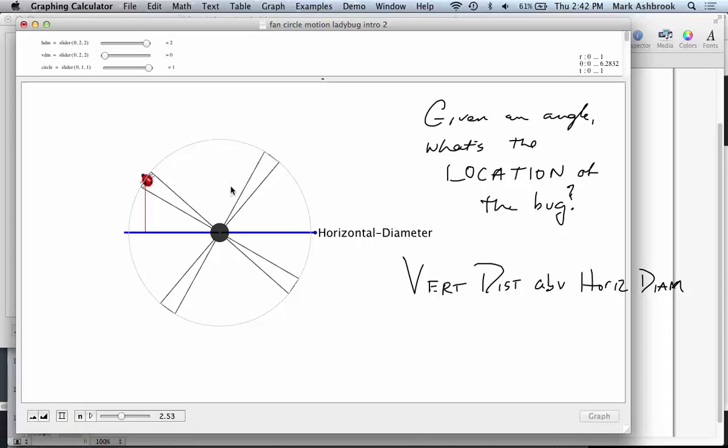Like 1.9, 1.3. What is it about? 1.3. It's about half, right? So it's 1.3 feet above.